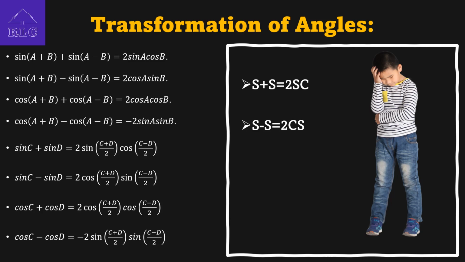C represents cos, S represents sine. Similarly, if you get two cosines with plus in between, both cosines will come. And two cosines with minus in between, you'll get negative 2 sine sine, that means 2S. In this way you can remember this transformation of angles.